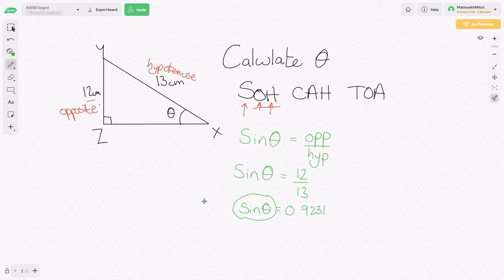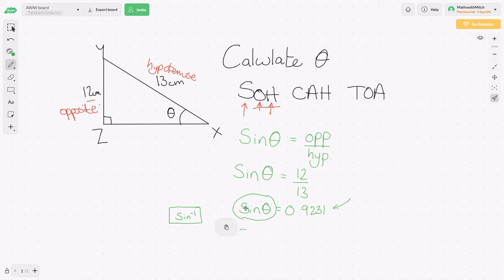You're not going to solve that in the same way. This time we're going to use the sine to the -1 button on your calculator, and that allows you to use the input here that you've calculated, the ratio, and that's going to give you the corresponding value of the angle theta.